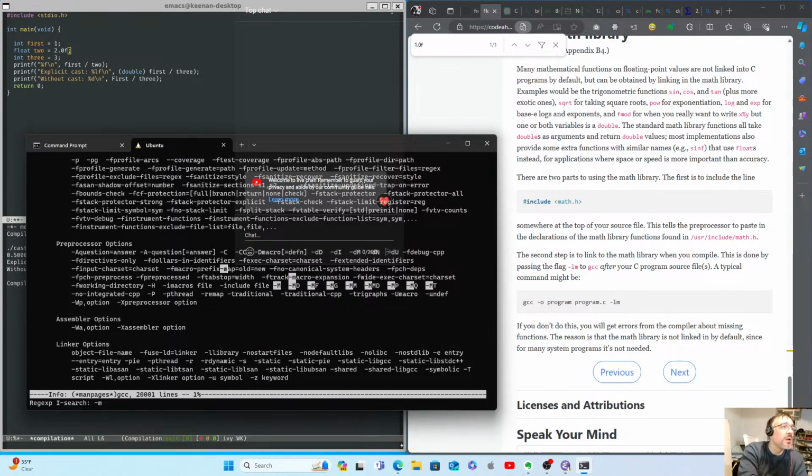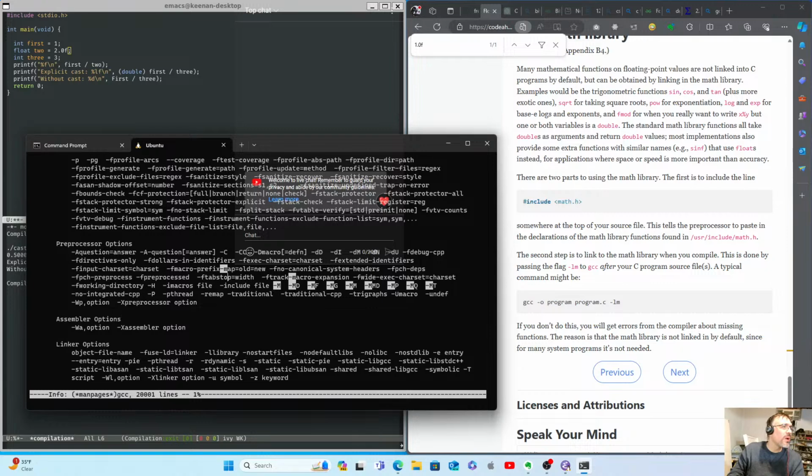Preprocessor. Include file. Wait, no. Include file. What?